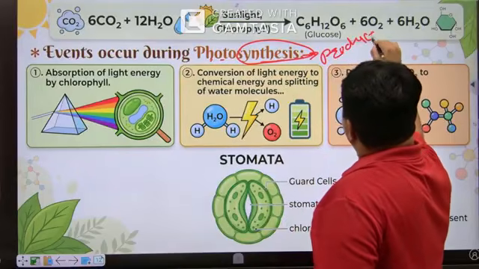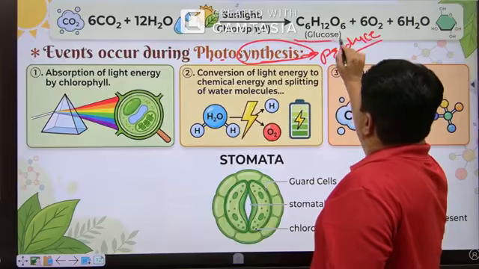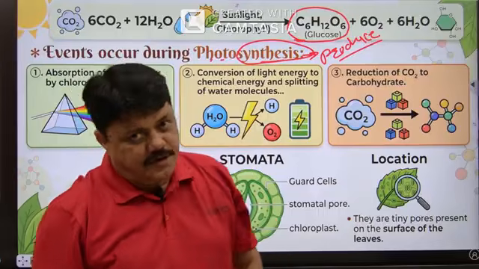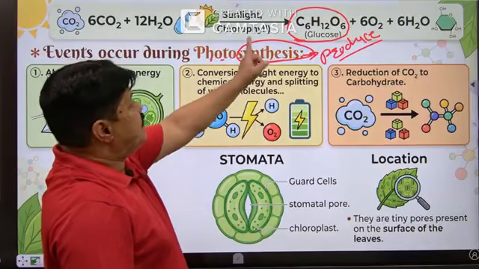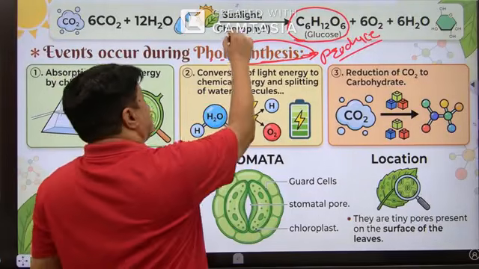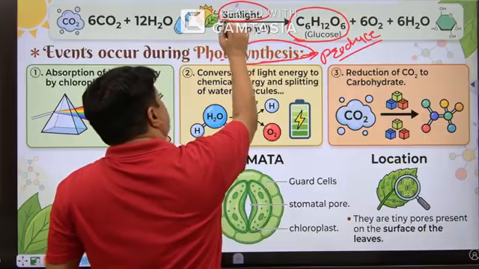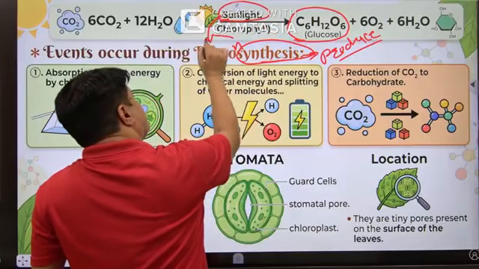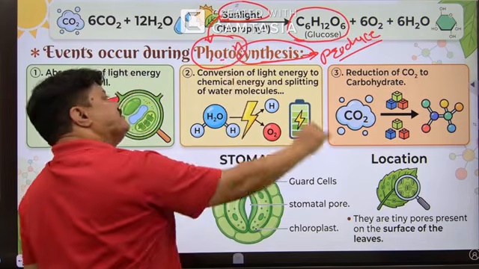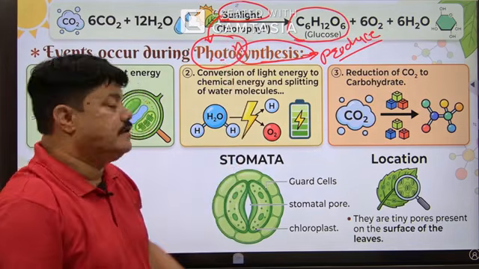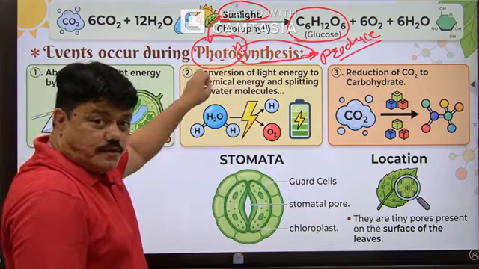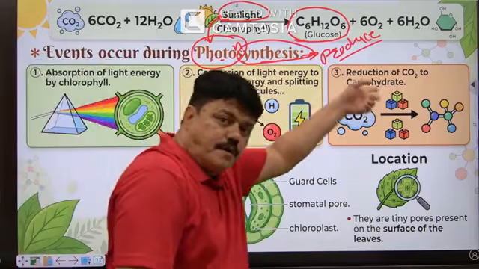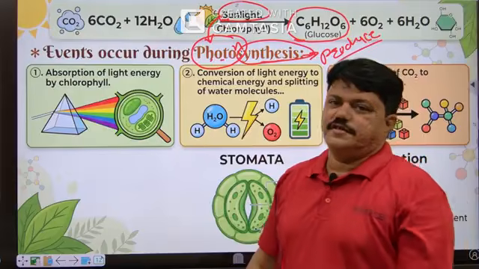As we know, the production of glucose takes place at the end of the reaction, but the energy for this comes from sunlight, particularly the energy-rich rays of photons present in sunlight. The energy of photon rays is absorbed or trapped by chlorophyll to perform photosynthesis.